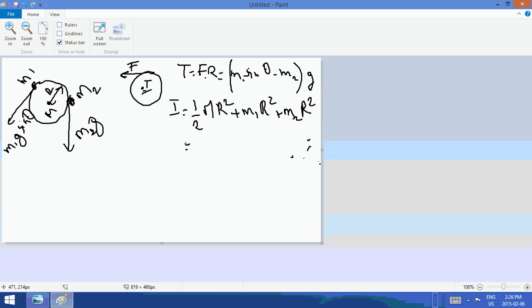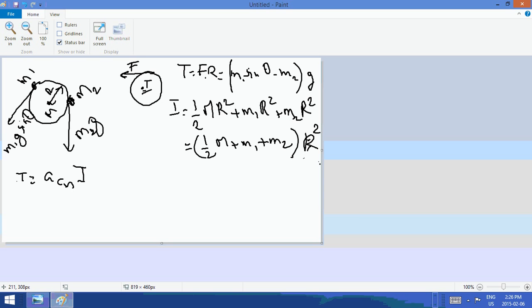Okay, and we can factorize here. Basically it becomes half of m plus m1 plus m2, times r squared. And we know that the torque T equals the inertia times the acceleration.